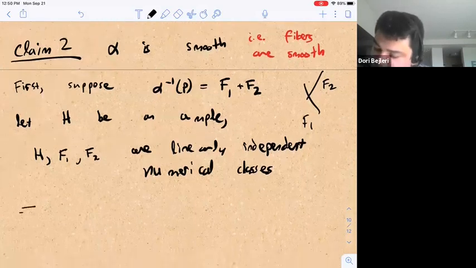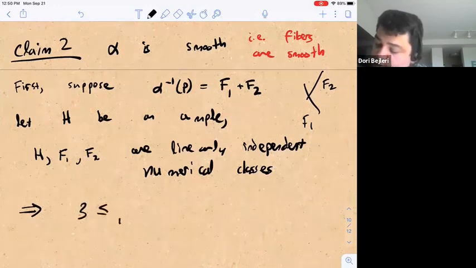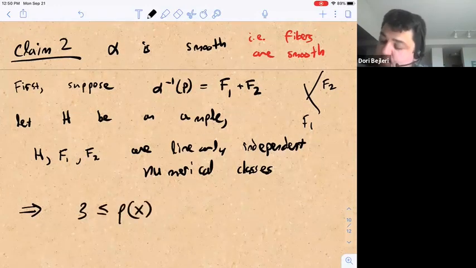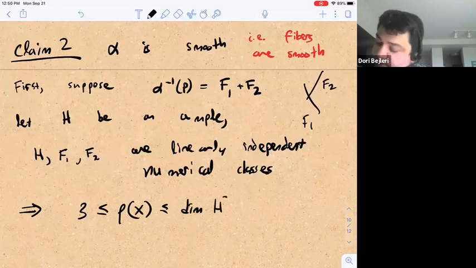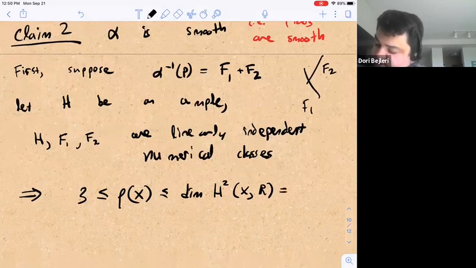But this tells us that the Picard rank is at least 3. And the Picard rank is less than or equal to the dimension of the singular cohomology, because we can view the intersection product as the cup product inside of the singular cohomology. So this is the second Betti number.